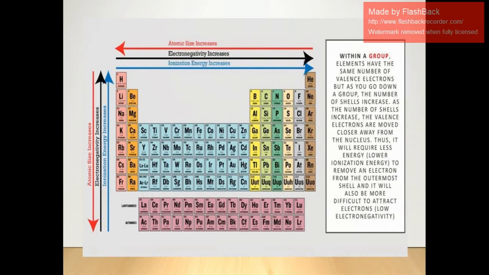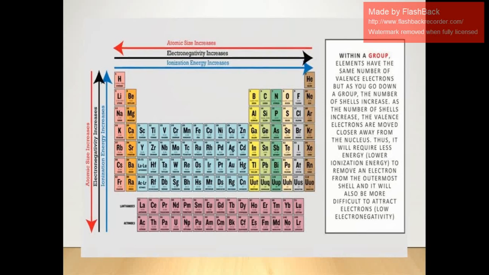As the number of shells increases, the valence electrons are moved away from the nucleus. Thus, it will require less energy to remove an electron from the outermost shell, and it will also be more difficult to attract electrons, that is, it will show low electronegativity.